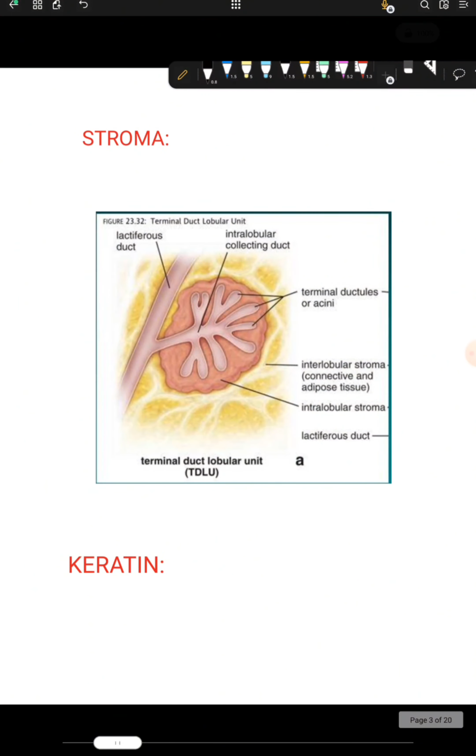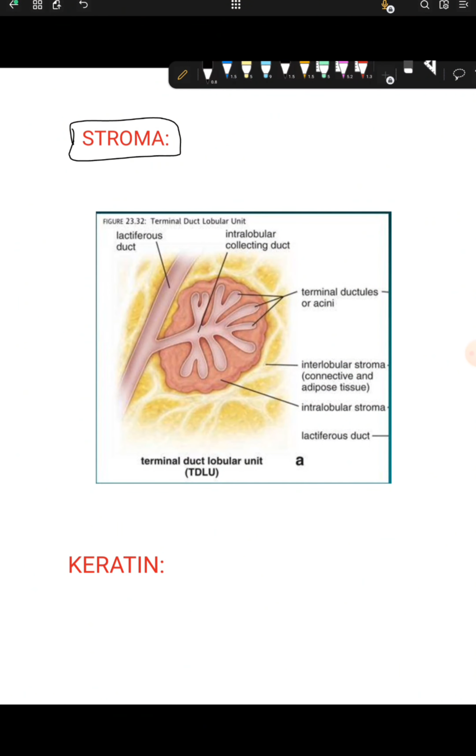Just talk about the stroma. Basically stroma has two types, and it is the adipose tissue, which is basically the fat, and we will discuss the fat appearance on the mammography. So there are two types of stroma: the interlobular stroma and the intralobular stroma. The interlobular stroma is the stroma which is present between the lobules.